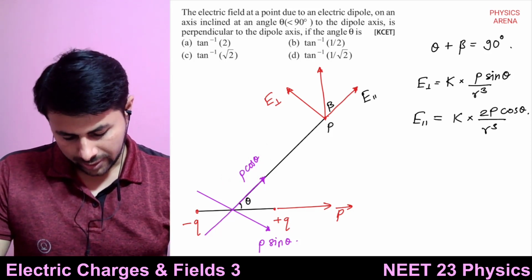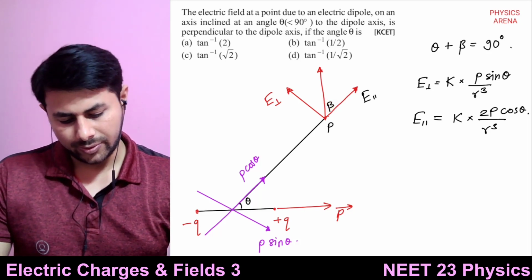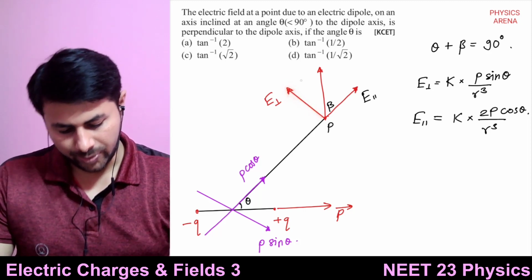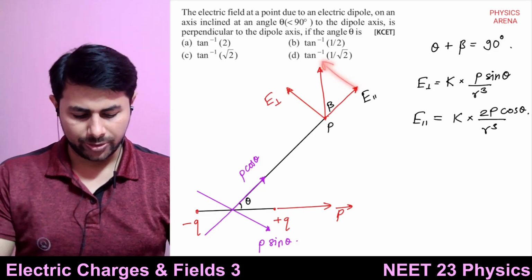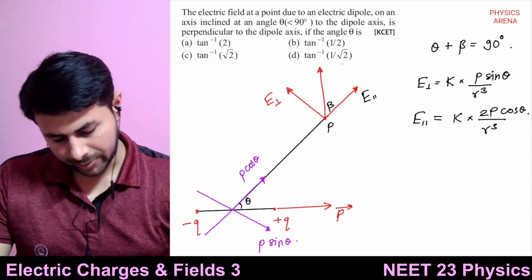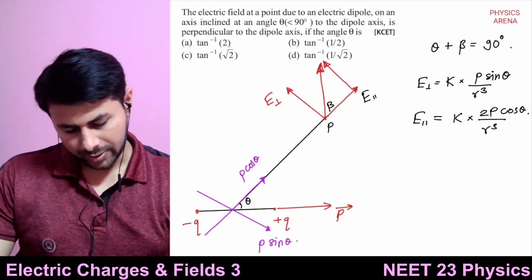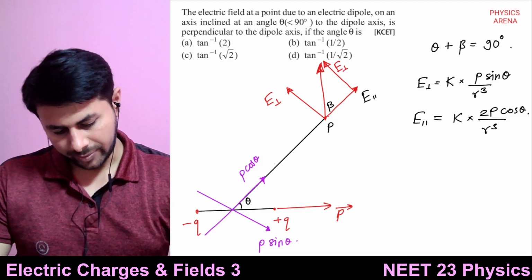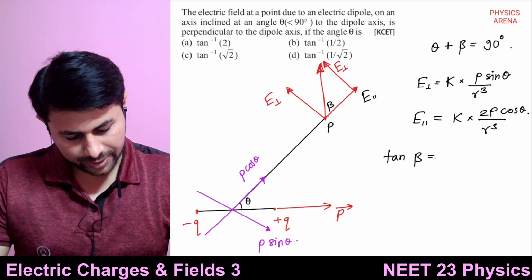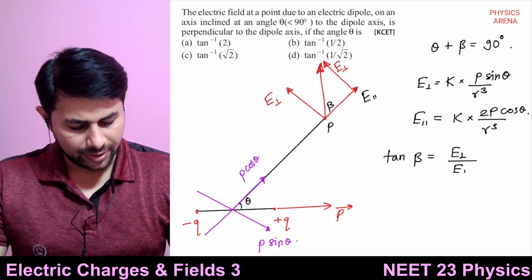Now you want to find out this angle beta. So what would be tan of beta? If you put it here, this becomes the opposite side, and this is the adjacent side. So tan of beta is equal to E perpendicular divided by E parallel.